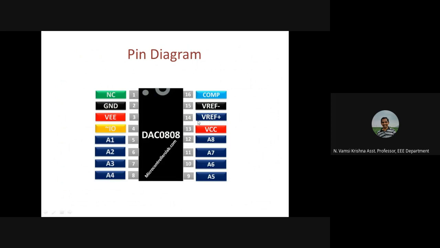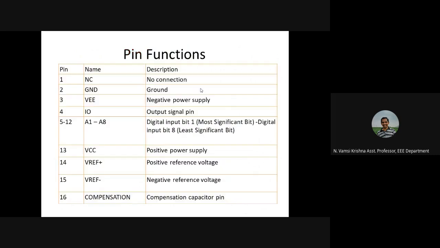The supply required for the IC is VCC and ground, V reference plus, V reference minus, and it requires a negative supply, VEE, which is the drawback of this IC. In addition to the power supply, it requires a negative power supply. One is NC, no connection, and 16 is the compensation pin. We need to connect a capacitor to stabilize the operation, to stabilize the voltage.